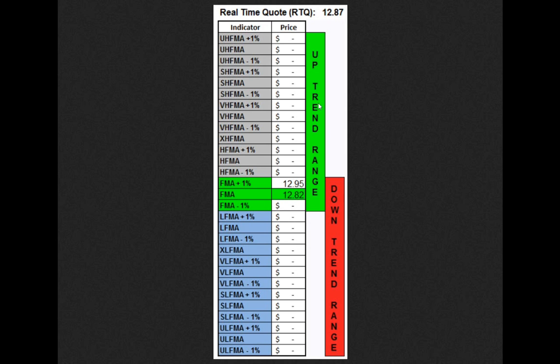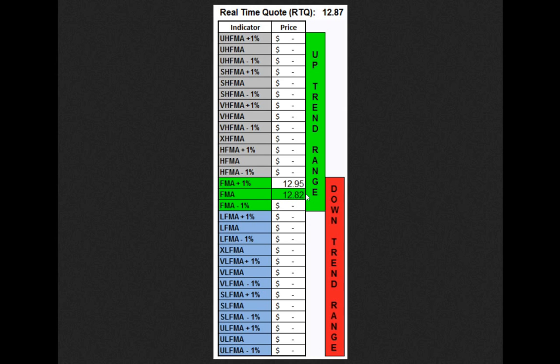The current RTQ price for the sample stock is $12.87. The RTQ price of $12.87 is less than the FMA plus 1% price of $12.95, but is greater than the FMA price of $12.82.